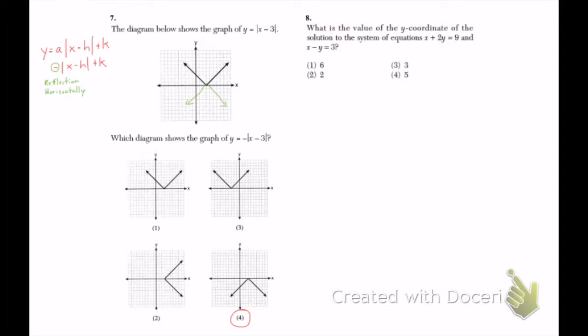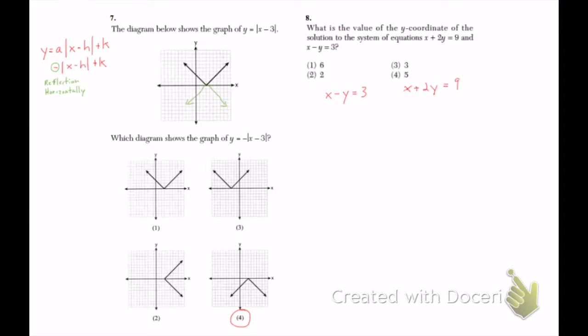The first thing we want to do is make sure that both of these equations are equal to the same thing. So the easiest way we can do it is, let's solve for x. So we have x minus y equals 3, and we have x plus 2y equals 9.